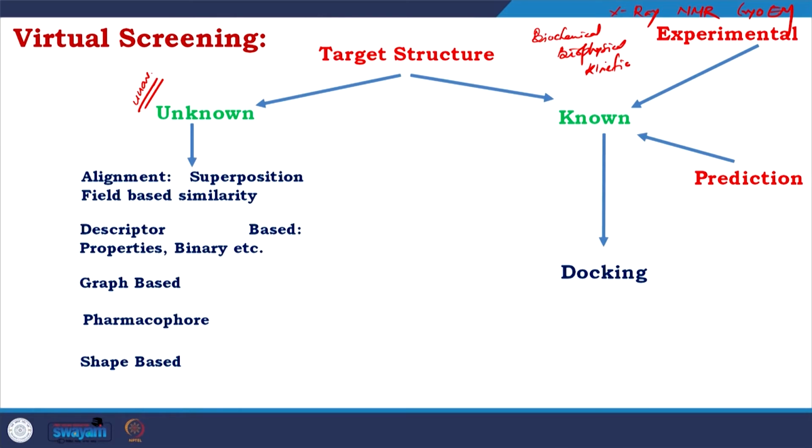But now we know that the prediction of model structure is also getting more and more accurate, contributing hugely to the known structure based analysis, and here it is docking based virtual screening that we are going to talk about.